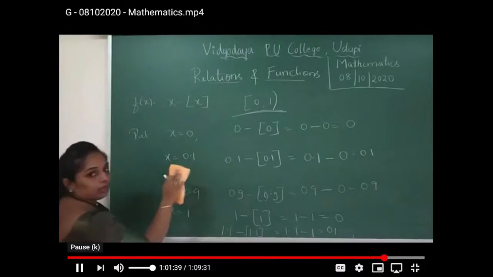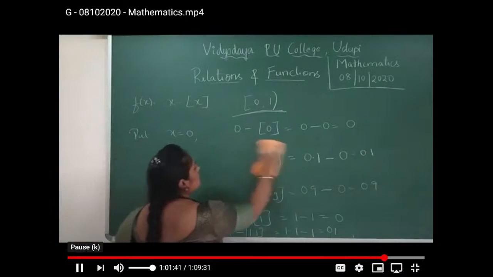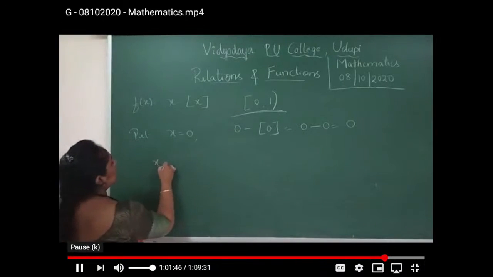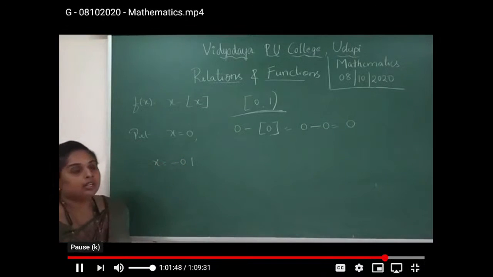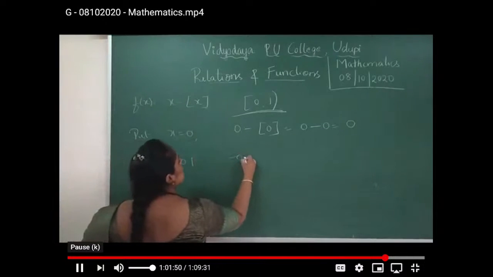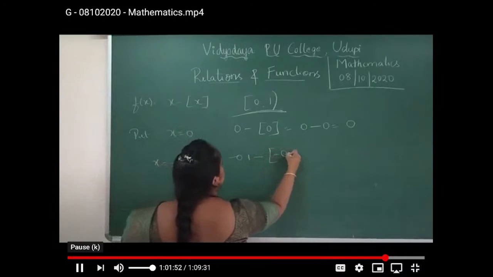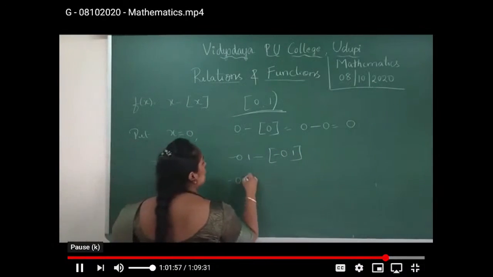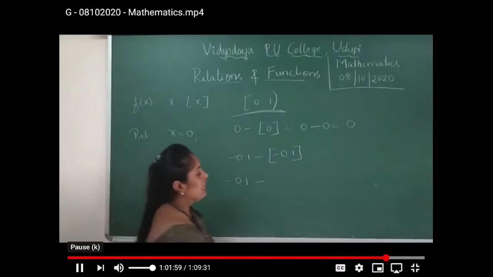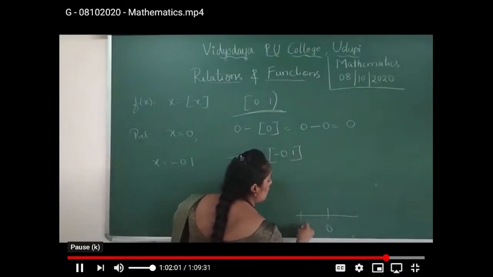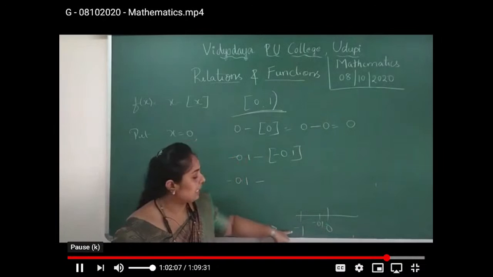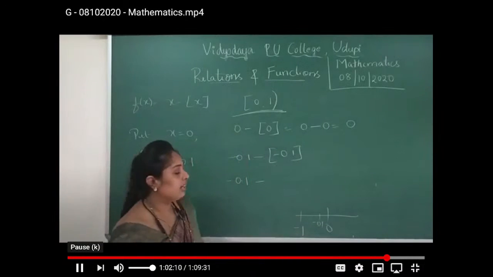Let's see what happens if I put x equal to minus 0.1. So minus 0.1 minus box of minus 0.1. What will I get? Look here, if this is 0, this is minus 1, minus 0.1 will be somewhere here, and the greatest integer here is minus 1.